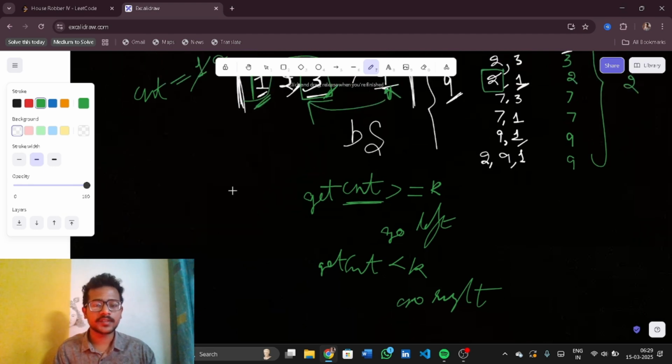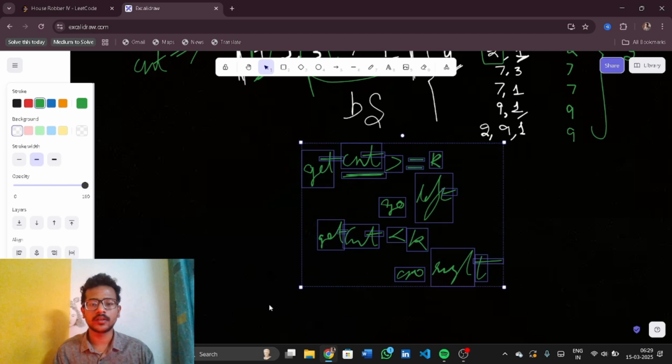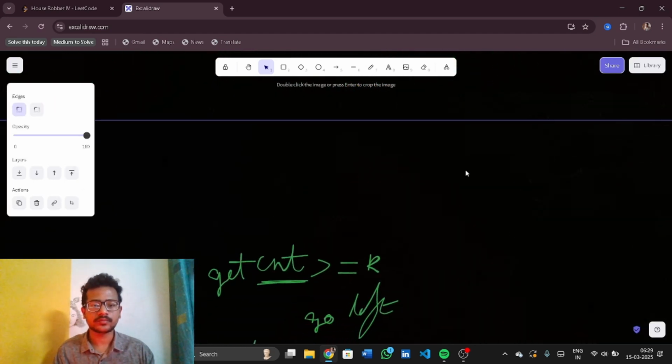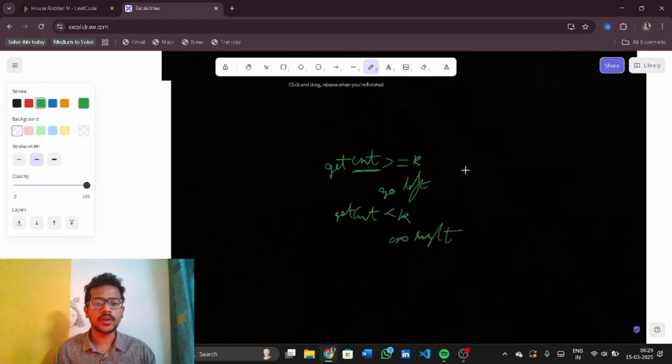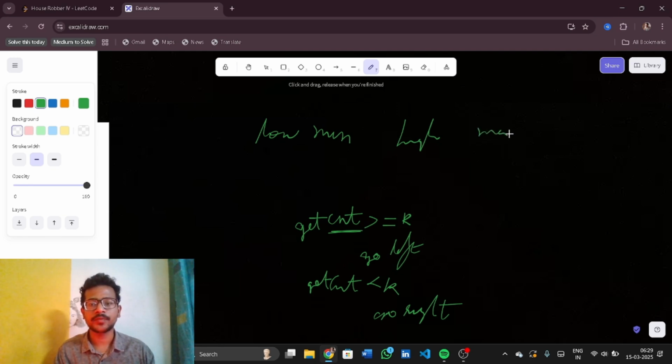Now, I will write the algorithm simply here. The lowest value is the minimum value, and the highest value is the maximum value, and while low is lesser than high, I'll calculate mid.